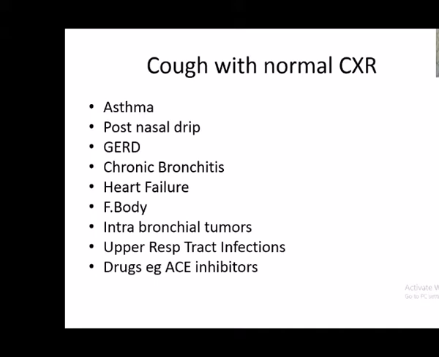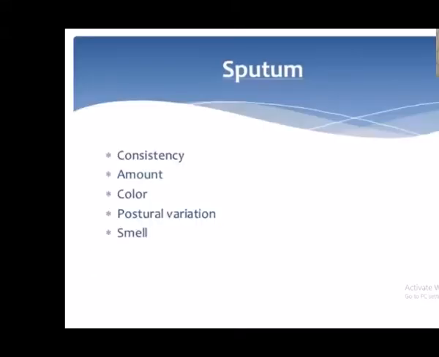Upper respiratory tract infection like sinusitis, chronic ear infection, and so on and so forth. Pharyngitis also. And then there are drugs. You should always remember, particularly ACE inhibitors are notorious for causing cough. So 10% of the patients who take ACE inhibitors will have a chronic cough.